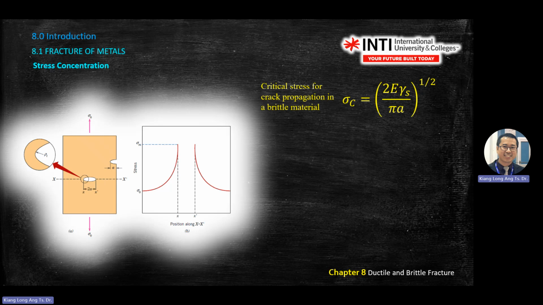This equation is for brittle material, given by the Young's modulus, gamma S, the specific surface energy, and pi A. We are not going to derive this equation. You just need to memorize and apply.